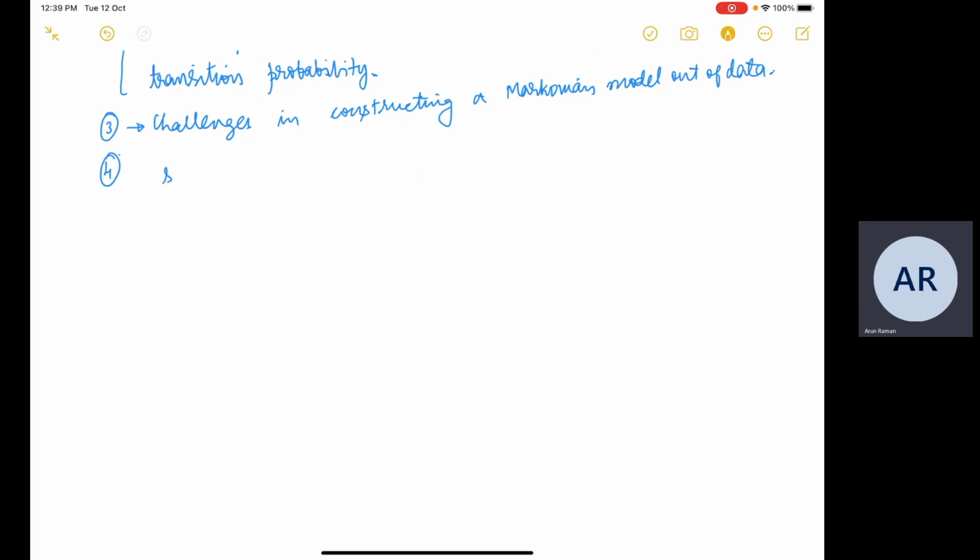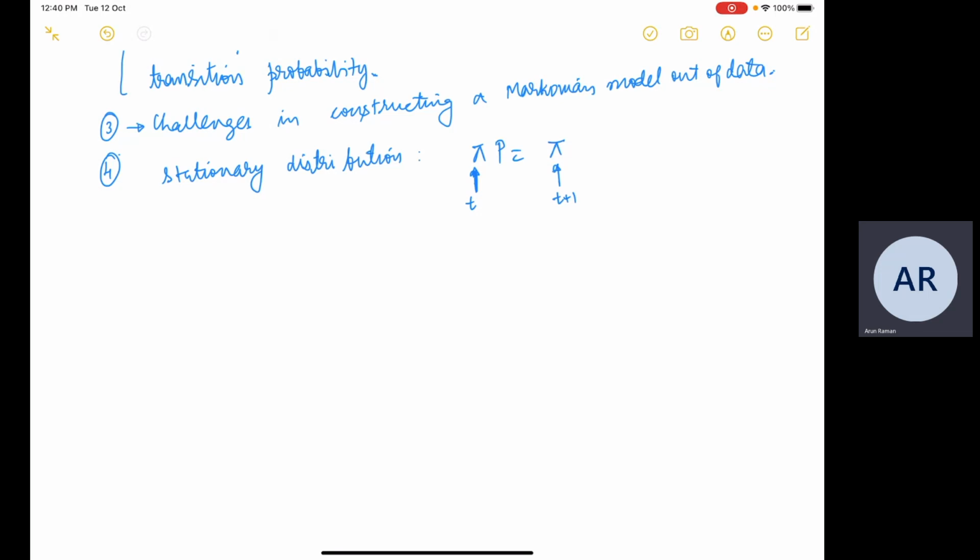Okay. Then we talked about stationary distribution. We said that a distribution which satisfies this equation, if this is the probability vector denoting the probability of being in a particular state at time t, then this is the probability of being in that state at time t plus 1.